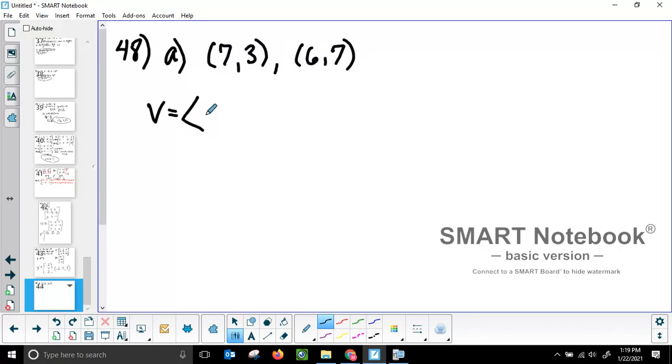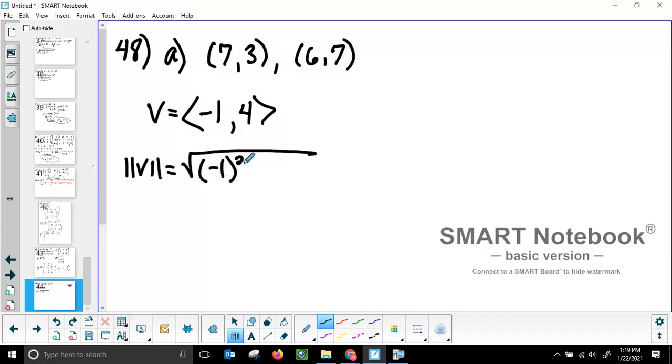So 6 minus 7 is -1. 7 minus 3 is 4. Right? So to find the magnitude of v, we take the square root of a squared plus b squared. So this is simply the square root of 17.